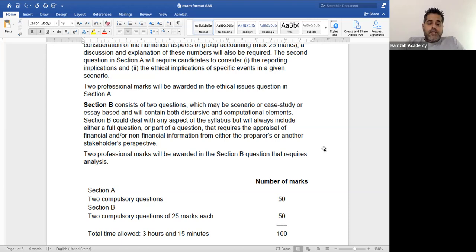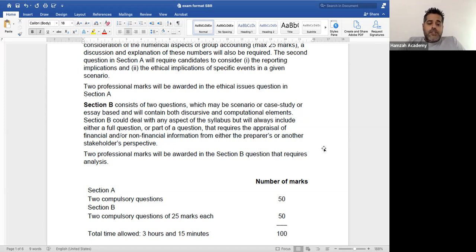And the best thing is, if you look at all of the standards, there are some key points, a key approach, I would rather say, on how to answer or how to start your discussion.